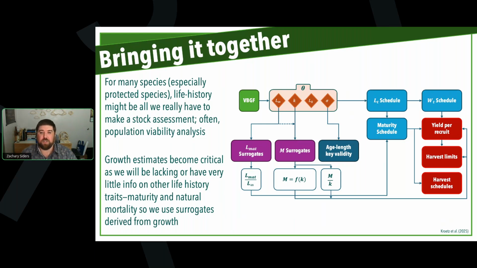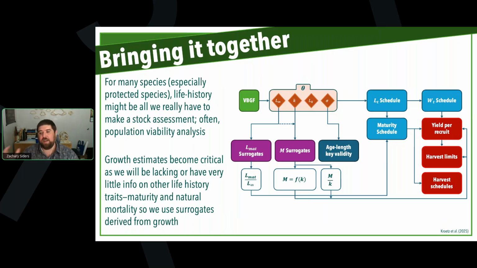We're almost assuredly missing something like natural mortality, unless somehow we get a bunch of money to do a tag experiment or a telemetry experiment and measure that. But again, that can be difficult, with small sample sizes and small pools of species, so we are concerned about using those. So again, we rely on surrogates here.